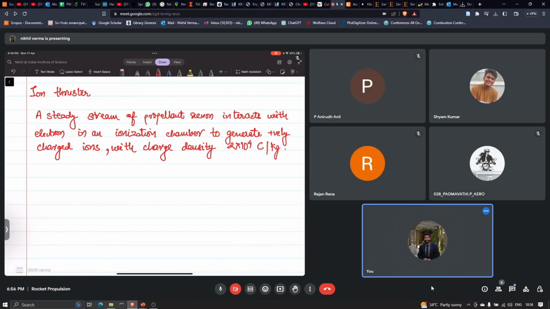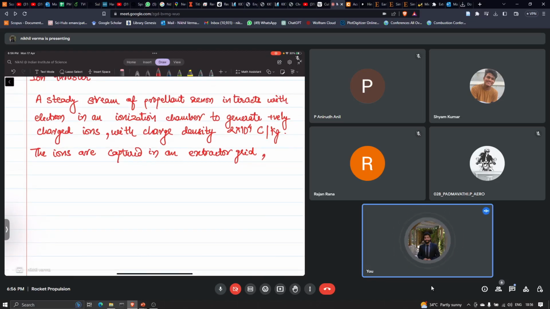Okay, so the ions are captured in an extractor grid, and thereafter they are accelerated to a high velocity using an acceleration voltage, so delta V, the acceleration voltage is 3 into 10 to the power 3 volt.